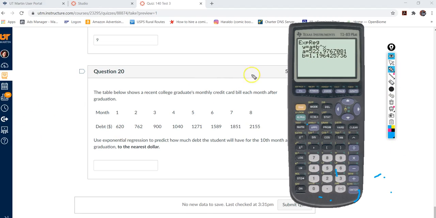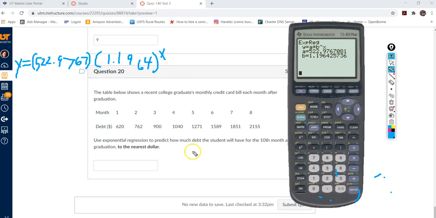So what is my exponential equation? It's y equals a, and I'm going to take a to 4 decimal places, 522.9767, times b, and I'm going to take b to 4 decimal places, that's a 9, to the x.